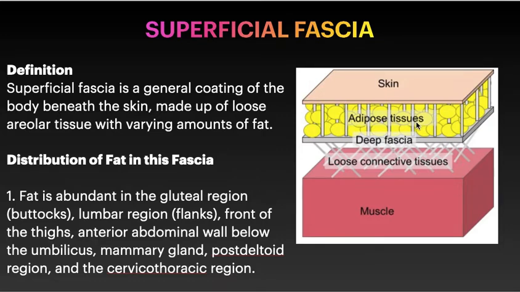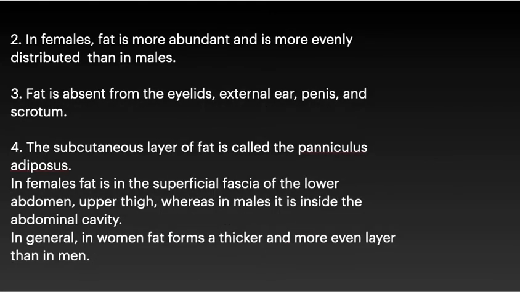Now, distribution of fat in this fascia: abundant in the gluteal region, that is the buttocks, lumbar region, that is the flanks, front of the thigh, anterior abdominal wall below the umbilicus, the mammary gland, post deltoid region, and the cervicothoracic region. In the female, it is more abundant and more evenly distributed than in males. Fat is absent from the eyelid, external ear, penis, and the scrotum.